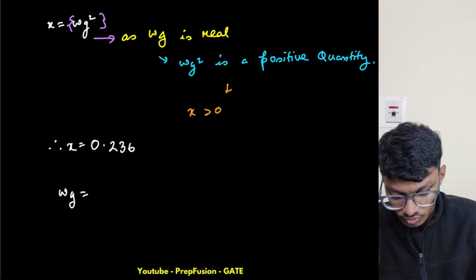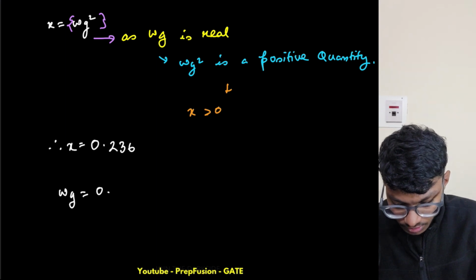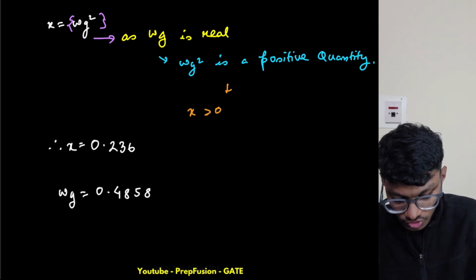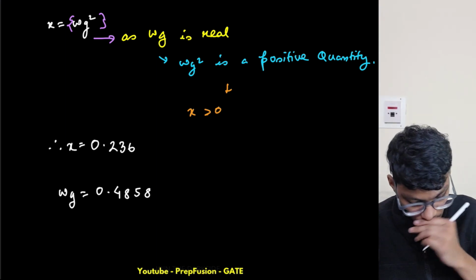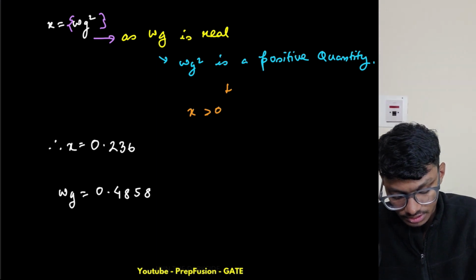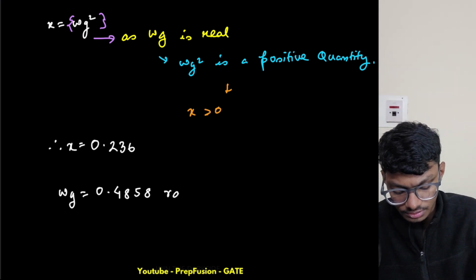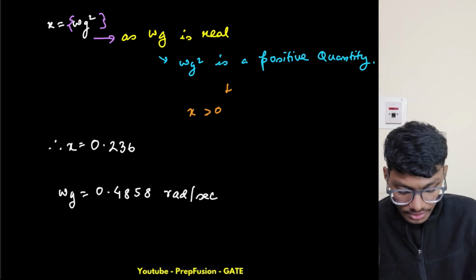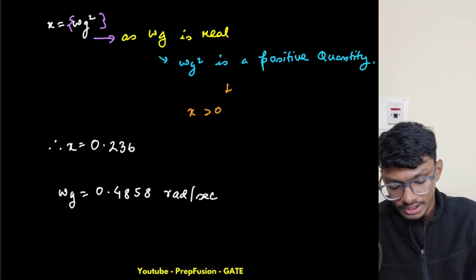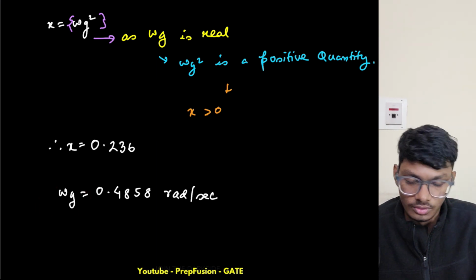So my omega g will simply be 0.4858, or you can write 0.46, but that is fine, radians per second. So this is what my omega g value is. One part of the question is done.